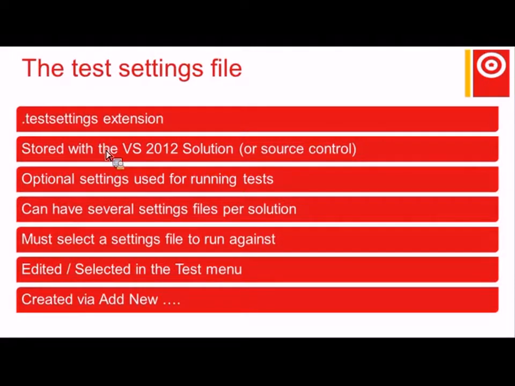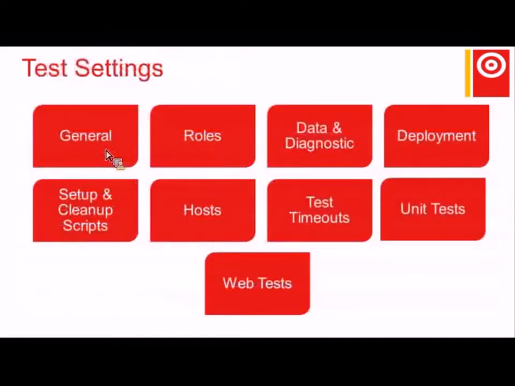You might have one for running the tests locally on your machine whilst you're preparing the tests, and another test settings file which you wish the real testers to use when it's into production testing. When you've got a test settings file, you must select which of the files you're going to use, and you can change them as you need them, and in 2012 you create them, as I'll demonstrate in a little while. The test settings file generally contains these topics.